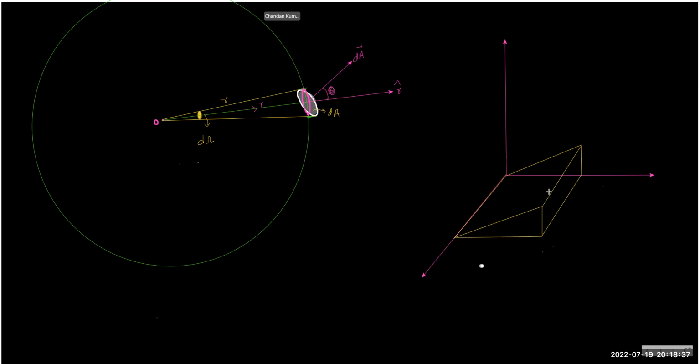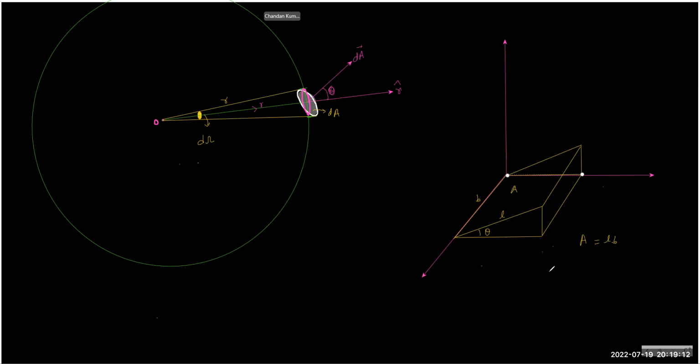So imagine the slant area. I'm calling the slant area A. What is the base area? Imagine this is theta angle. If I call this length L and width B, the area is L into B. So what is the area of the base, which is like a projection or shadow on the plane? L cos theta.